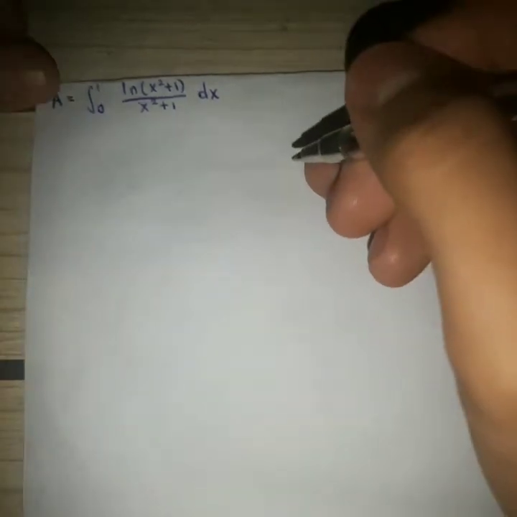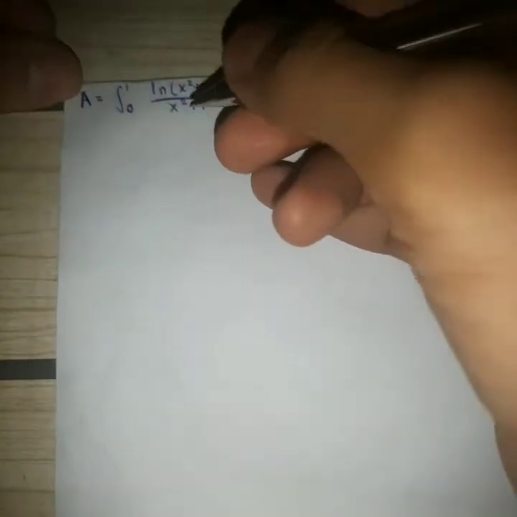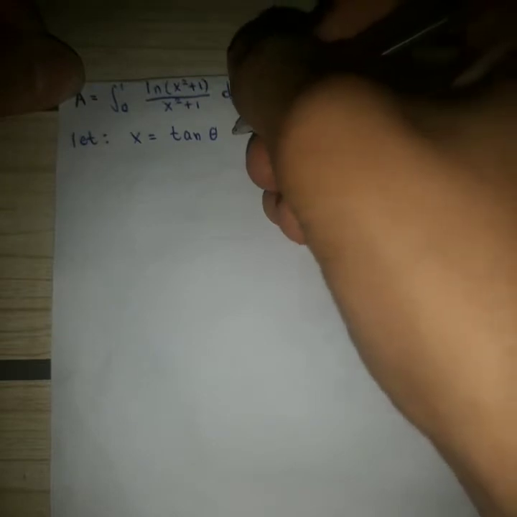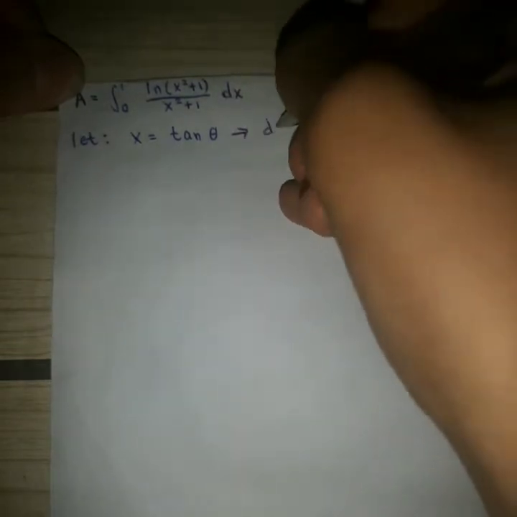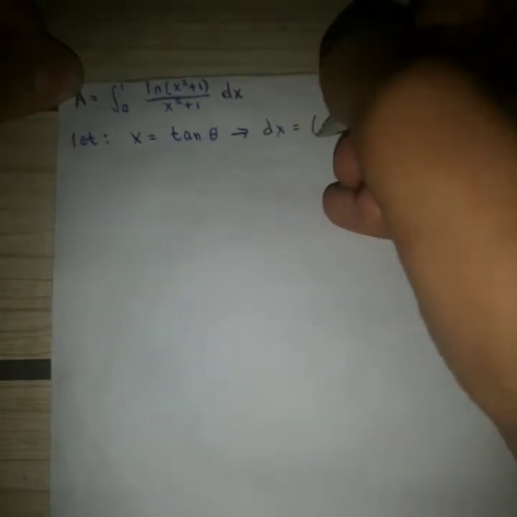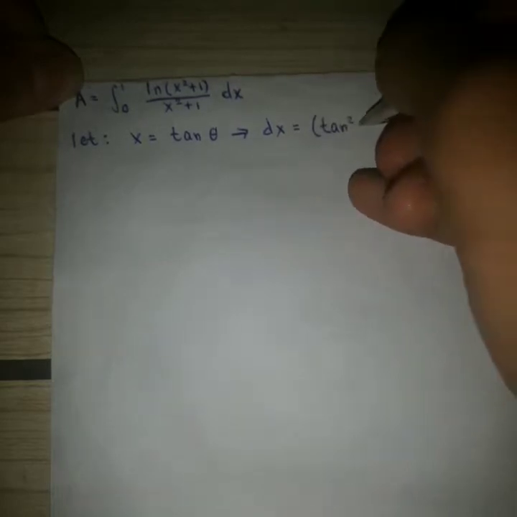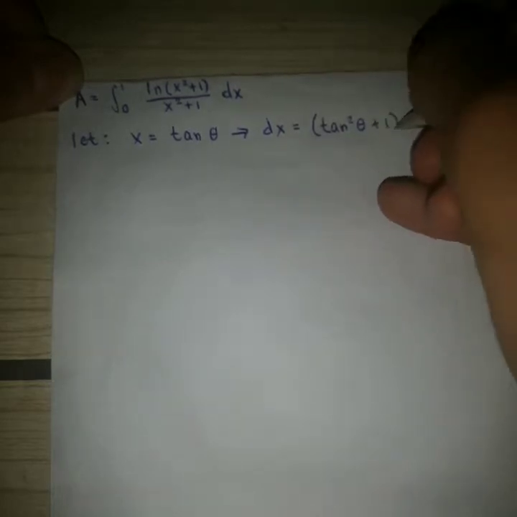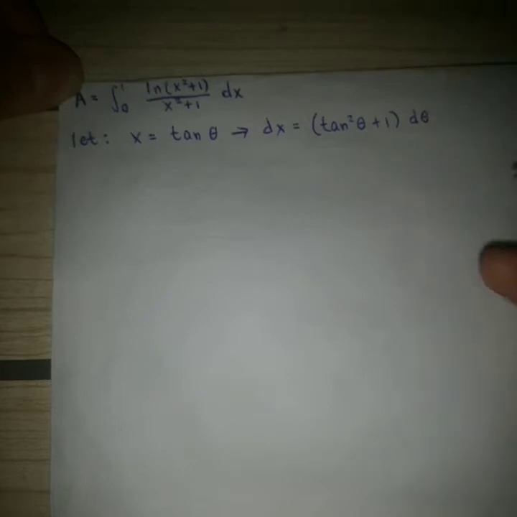To simplify this integral, we will let x be equal to tangent theta, and then dx will become (tan squared theta plus 1) d theta.